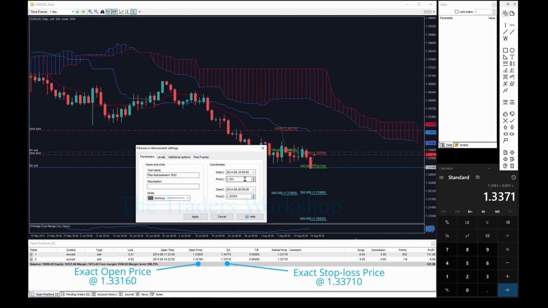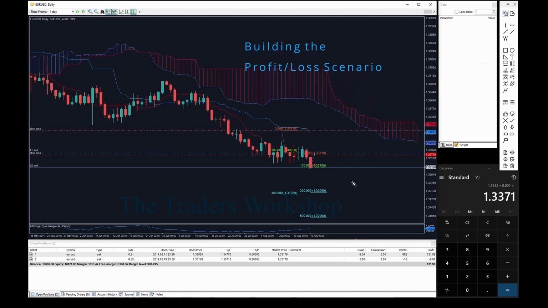The exact open price at 1.33160. And the exact stop loss price at 1.33710.